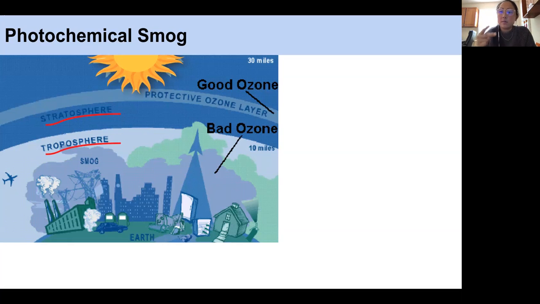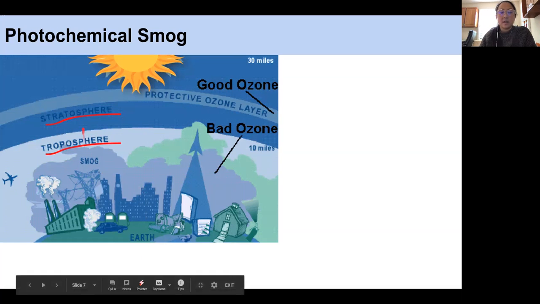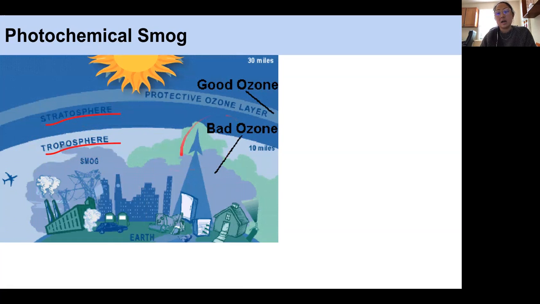But the 2 that I really want us to know are the troposphere, which exists down where we live, and then above it is the stratosphere here. When ozone forms in the troposphere, it's not good. It's also called photochemical smog, and it exists as a pollutant that's bad for the environment, for us, for everyone.